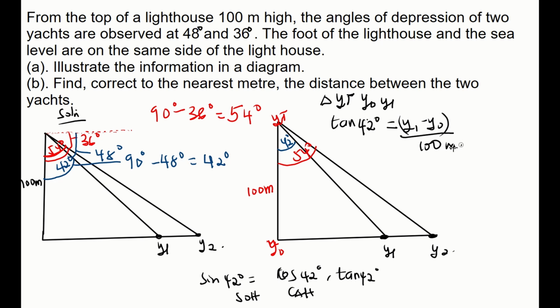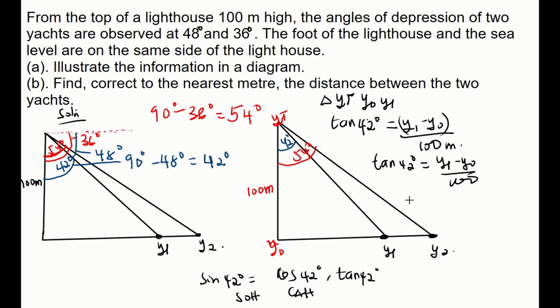So the length over here is tan 42 degrees, which is y1 minus y naught all over 100.